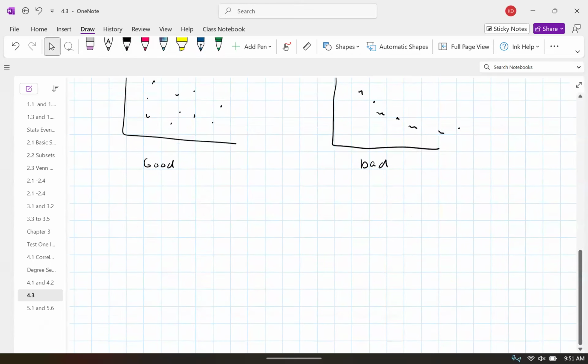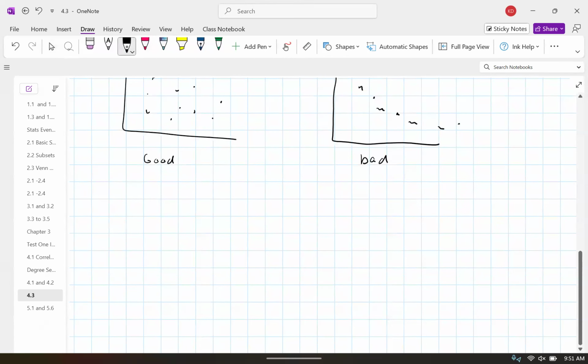Okay. And our residual, how do we graph this? Residuals.